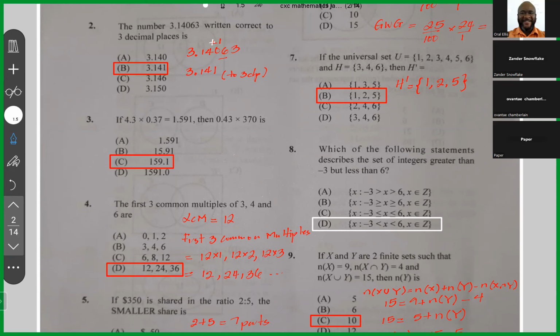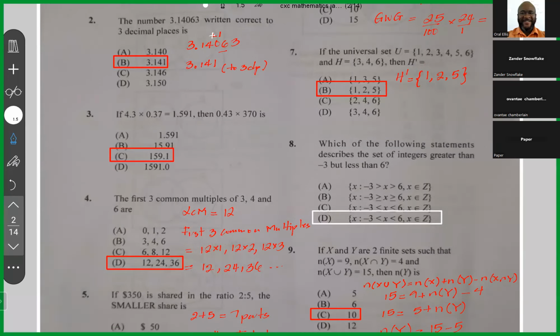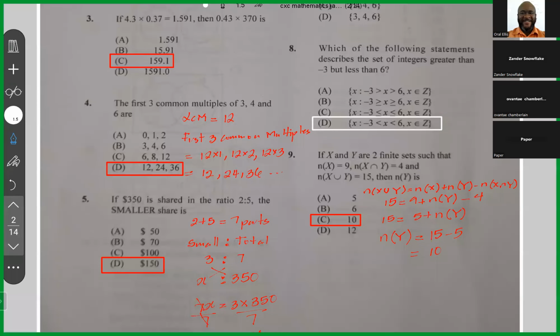Number 4 is another question that a lot of persons got wrong. Number 4 is asking for the first 3 common multiples of 3, 4, and 6.